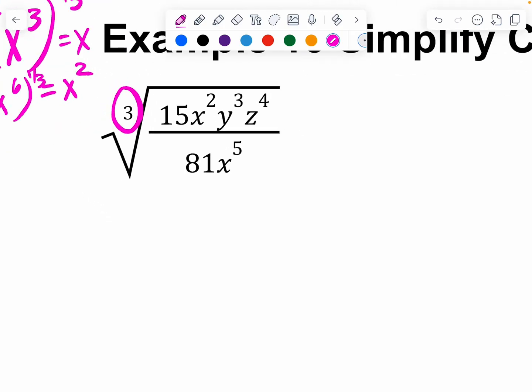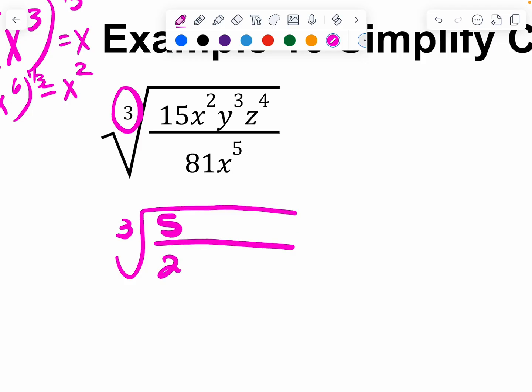But here we can simplify our fraction first. So 15, 3 goes into 15 5 times. 3 goes into 81 27 times. There are 5 x's here. There are 2 x's here. And then y to the third, z. Oh, that says to the 4th. So I want to make it z to the 3rd and z.